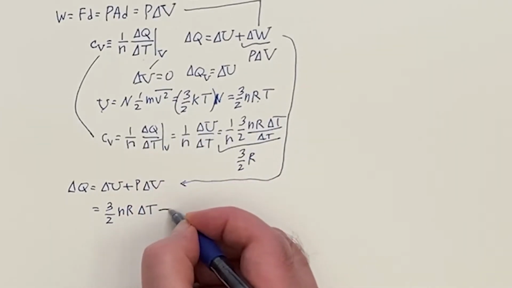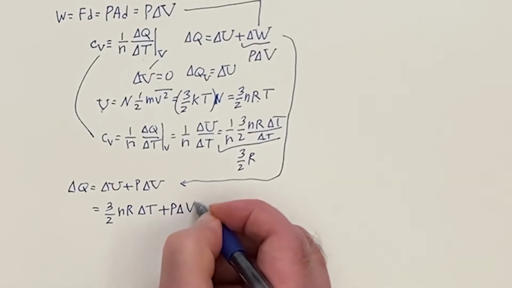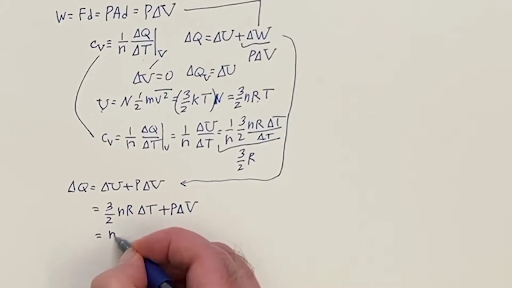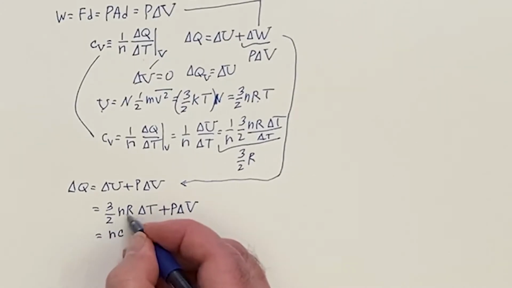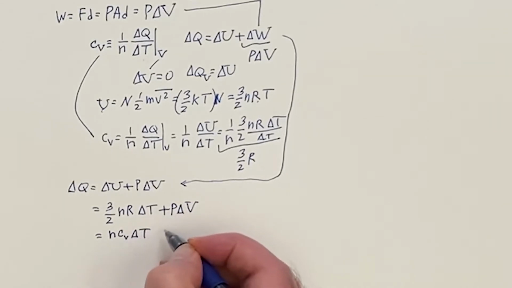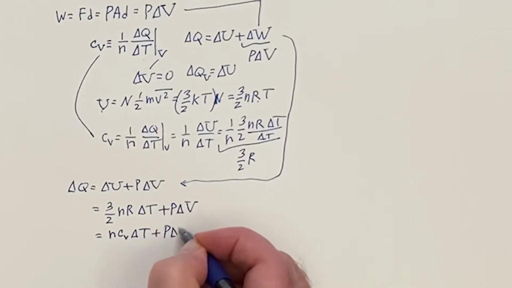Then we have this equation, and we can write this as N. Remember, 3/2 R is C sub V, so we can do that, plus P delta V.